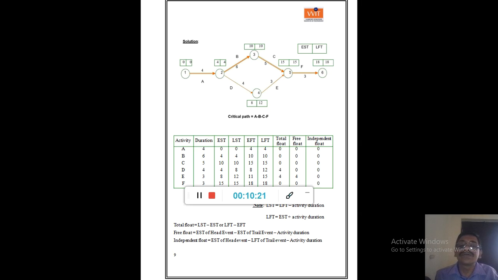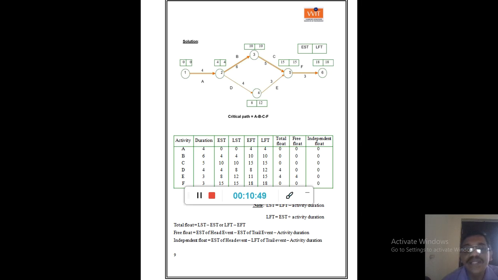so that is actually for E, 15 minus EST of the head event minus EST of the tail event. 15 minus 8 minus 3 for activity E. Activity E 4. Whereas for activity D 12 and EST is 8, sorry, 8 minus 4, 0.